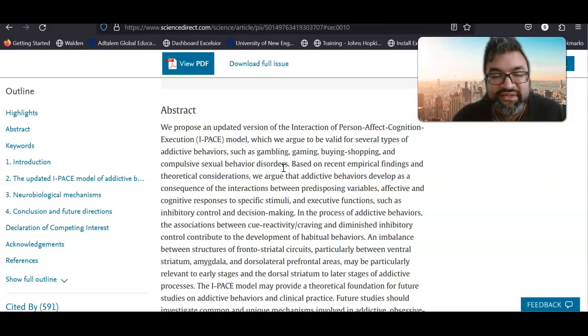And there are cognitive responses to specific stimuli. And so this affects decision making and inhibitory control. So imbalance between structures of frontostriatal circuits, the ventral striatum, amygdala, and dorsolateral prefrontal areas.